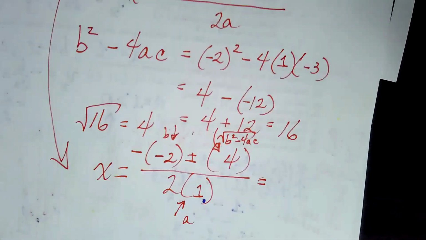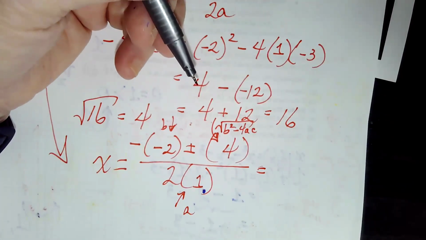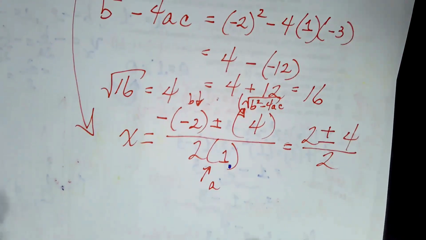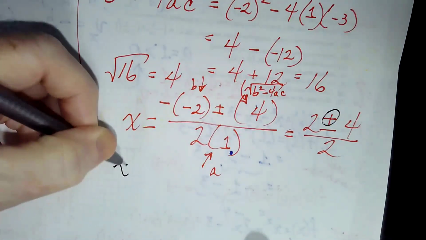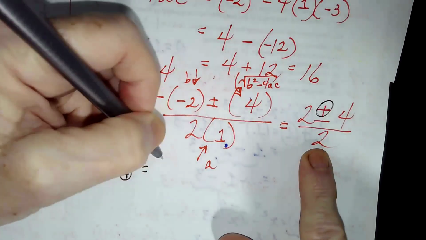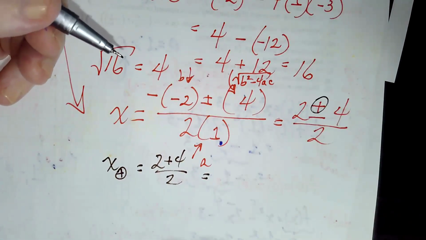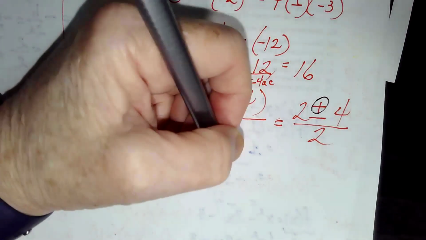So let's take care of some of this stuff. -2 turns into a positive. We still have a plus or minus. It's multiplied. And now we'll have 2 plus 4 divided by 2. 6 divided by 2, which equals 3.